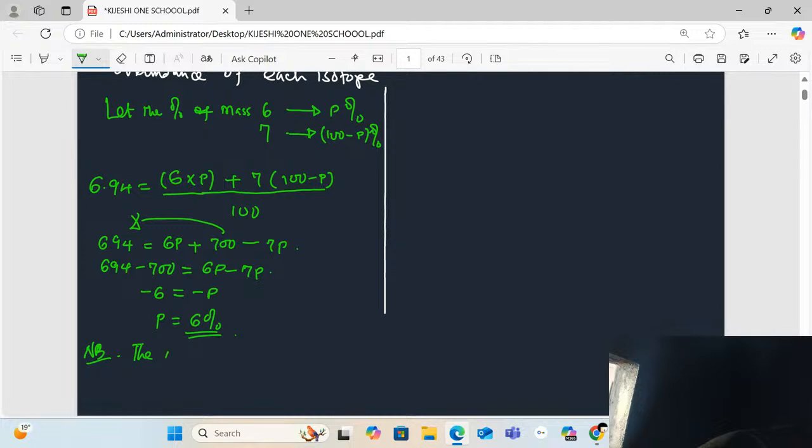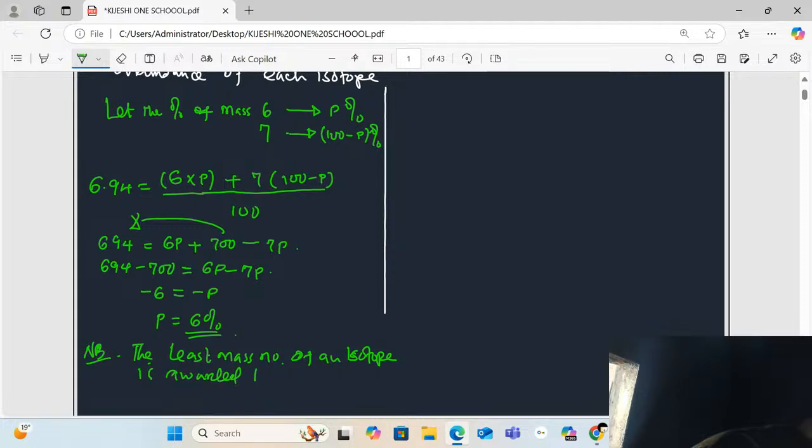The least mass number of an isotope is awarded the greatest percentage.